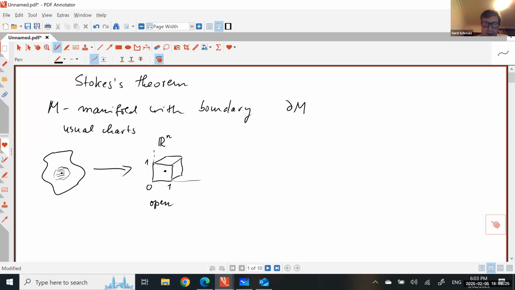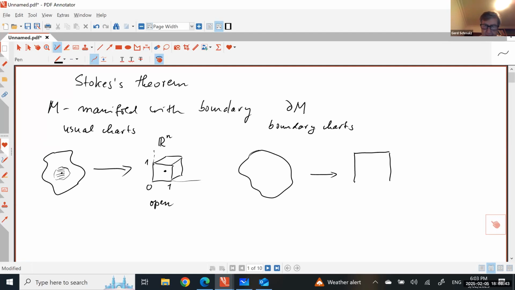And we have boundary charts, which are also mapped to a cube, but including, say, this face here, say this is x_n equal to 1.